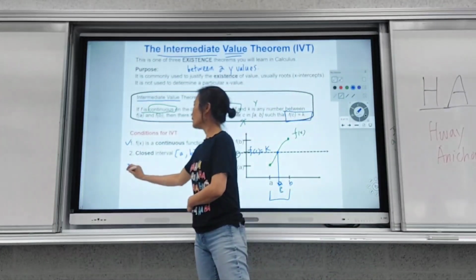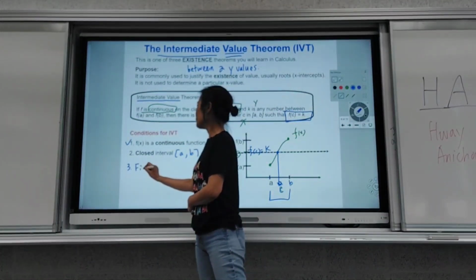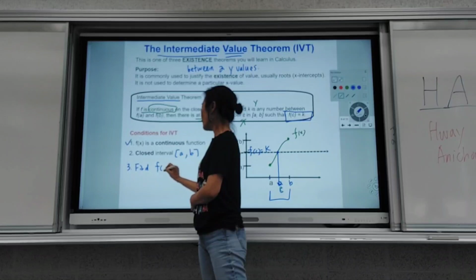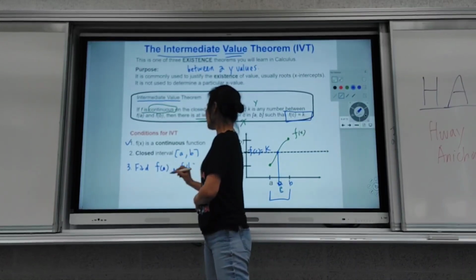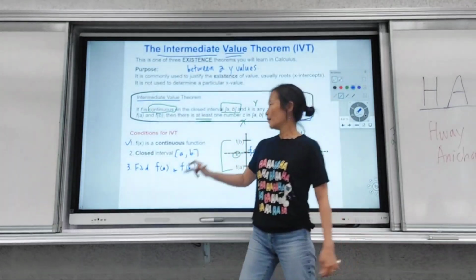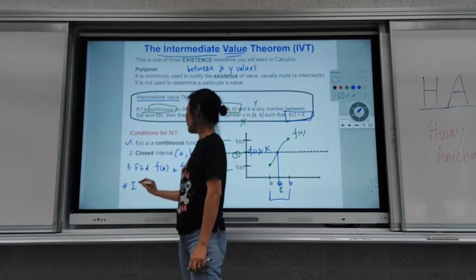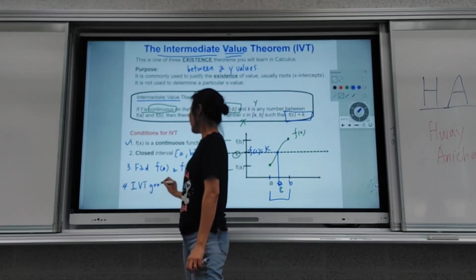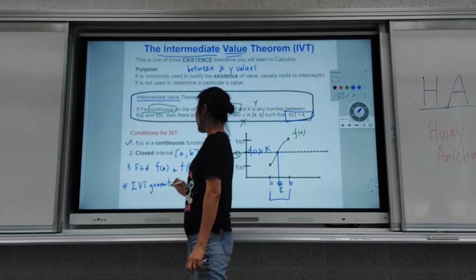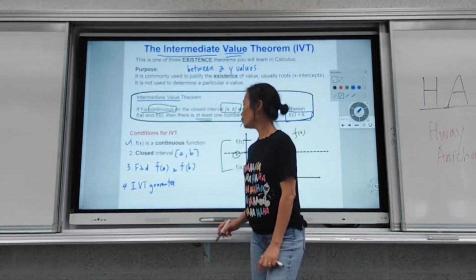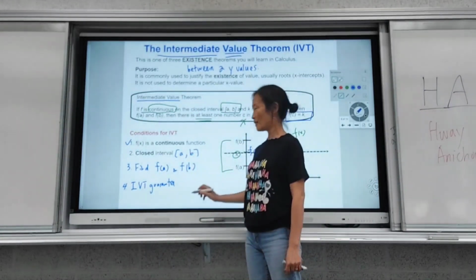So number three, we need to find the y values, f of A and f of B. And number four, you can use IVT. IVT can guarantee what? There will be a value C.